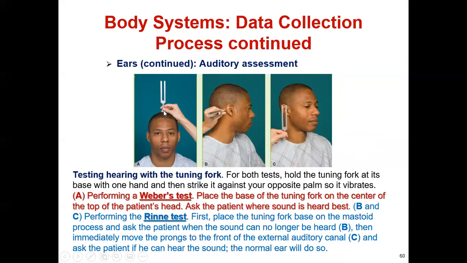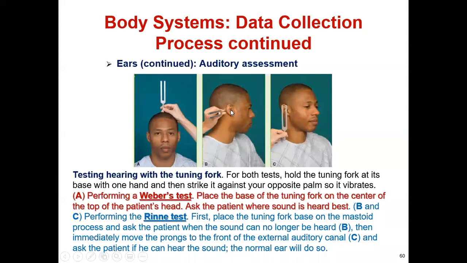In this picture, this is called a tuning fork. The tuning fork is placed on the top of the head, as you see in the first picture. This is the Weber test.